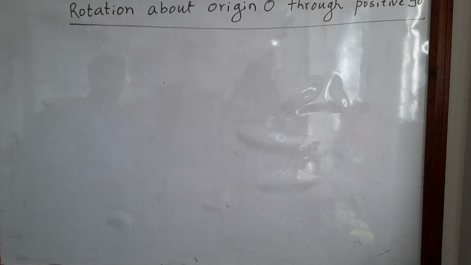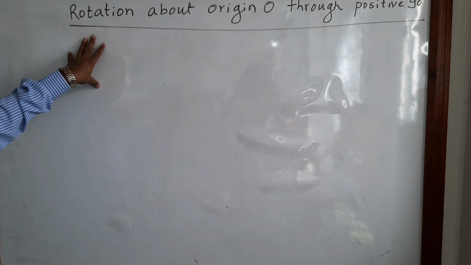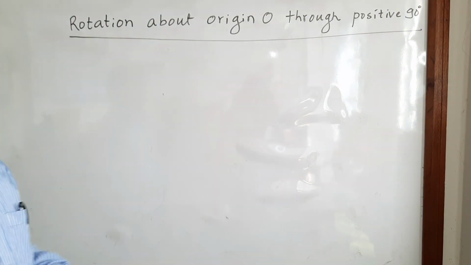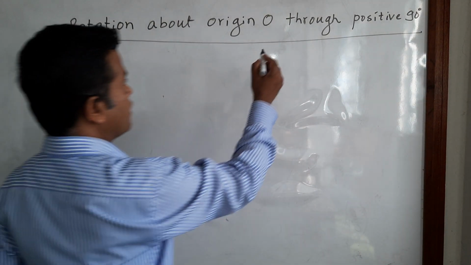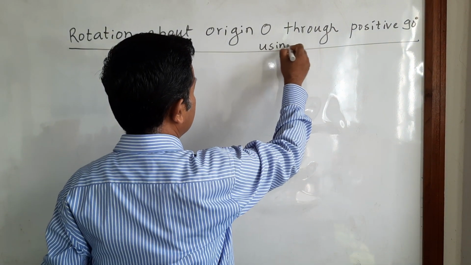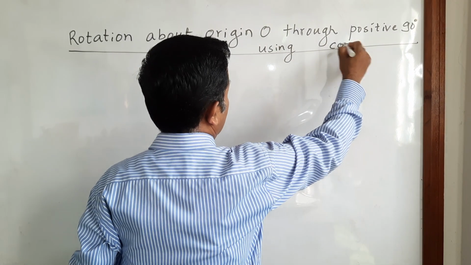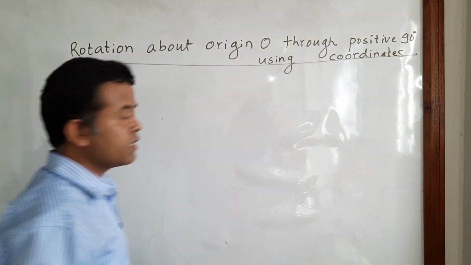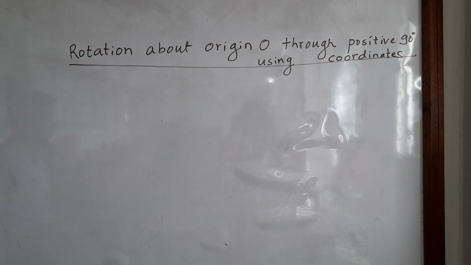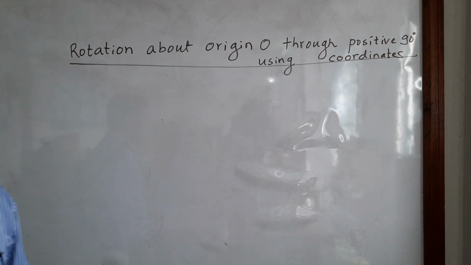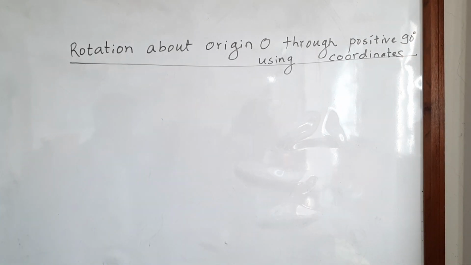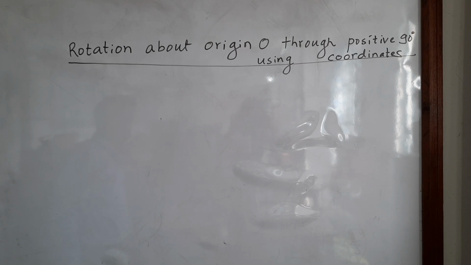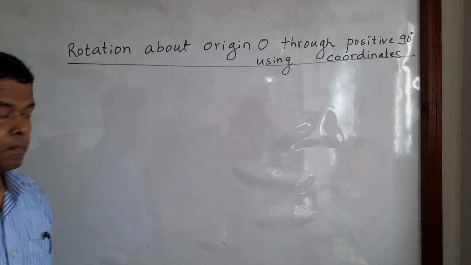So I am teaching rotation about origin O through positive 90 degree using coordinates. Using coordinates, we use a formula to find out rotation of any object about origin O through positive 90 degree.